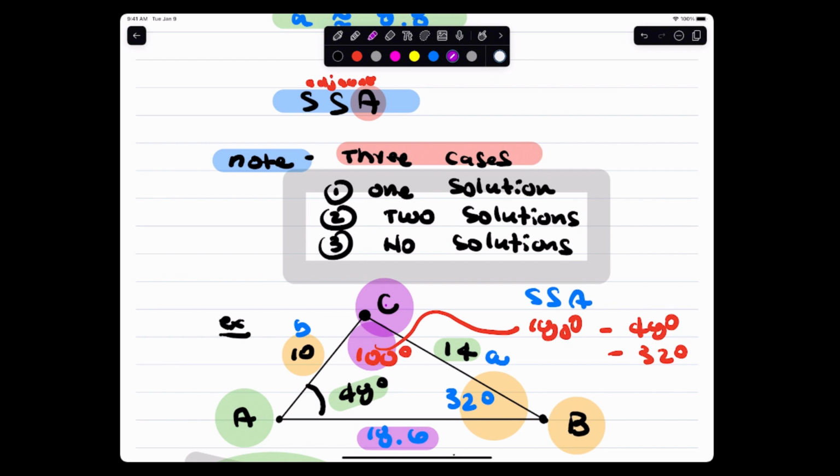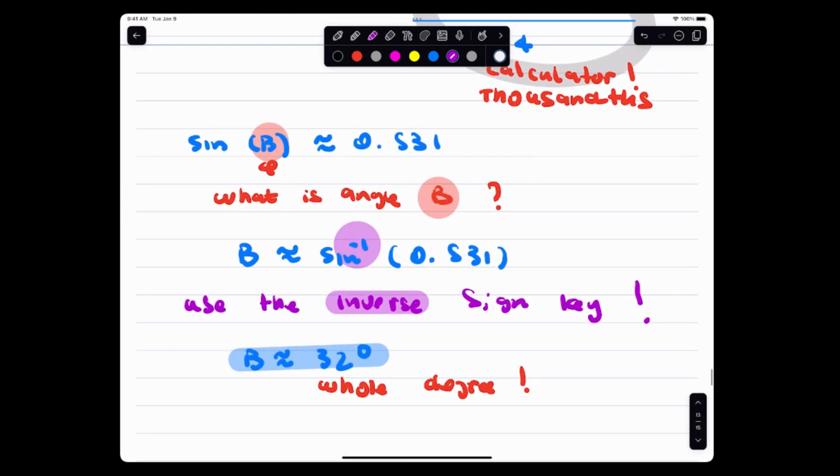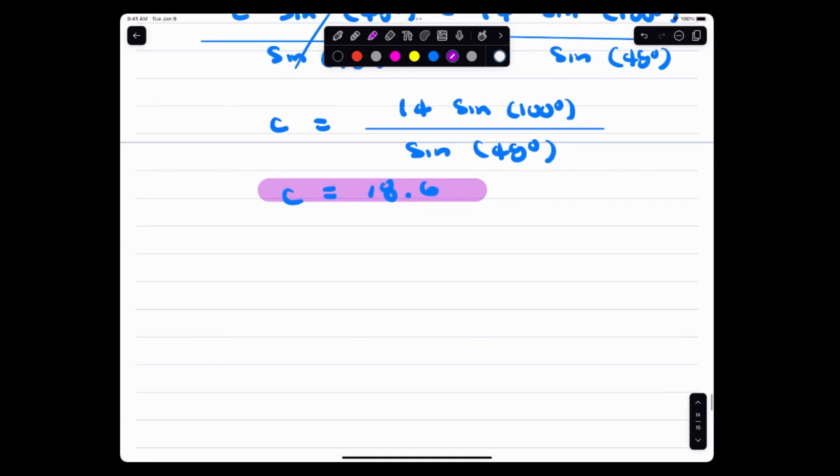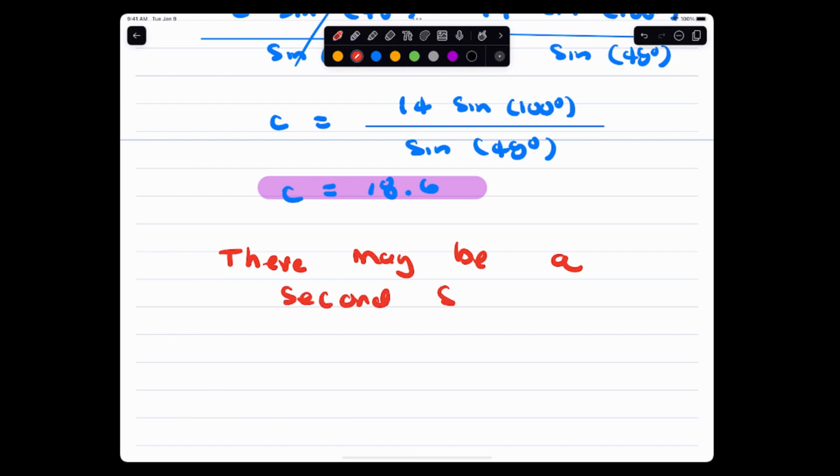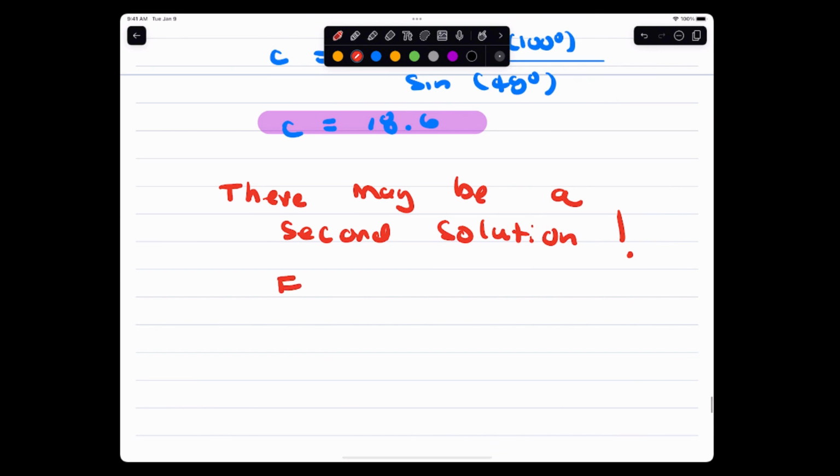Now, you might say, this is a solution. And I want to give you guys a disclaimer here. I'm going to put it in red. There may be a second solution. This is my disclaimer. And we're going to have to investigate that in our future.